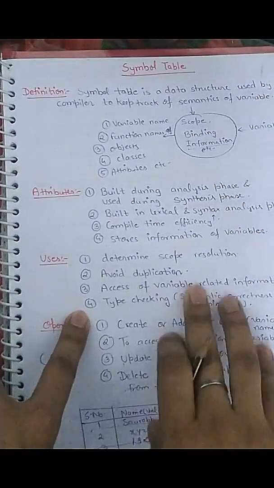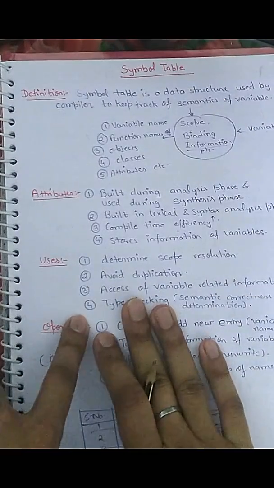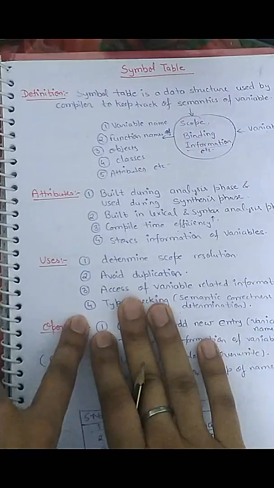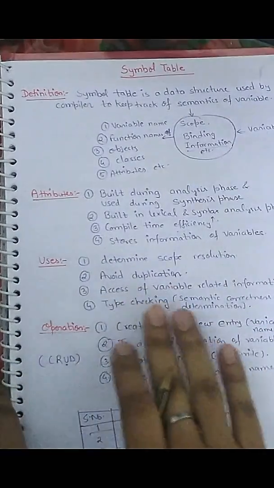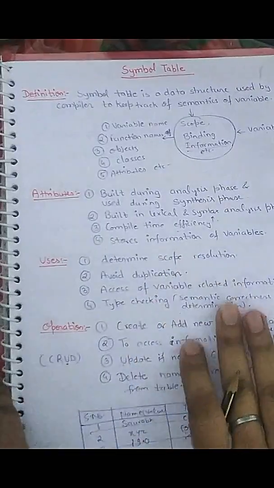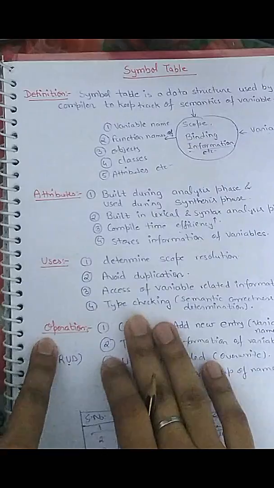Third is access of variable related information. If any variable is stored in the symbol table, then in other phases this information can be accessed anytime from the symbol table. Next is type checking.